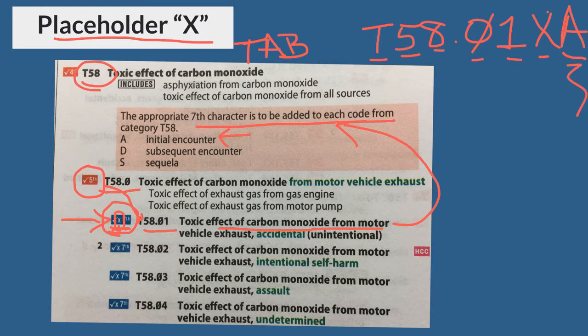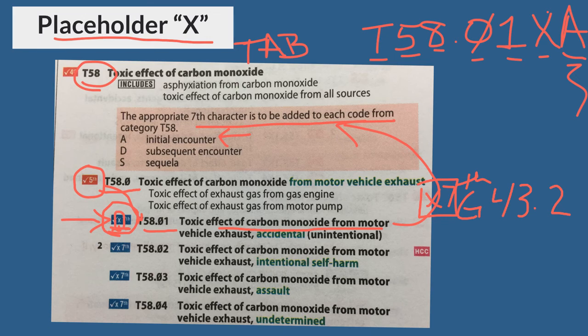For the sake of discussion, as we're looking at this placeholder X concept, please note that sometimes you may have more than one placeholder X. So let's imagine you went to the tabular list and it gave you 4 characters. I'm just going to make one up here. Let's say it led you to G43.2, but there was a note over here, X 7th, that we needed a 7th character.